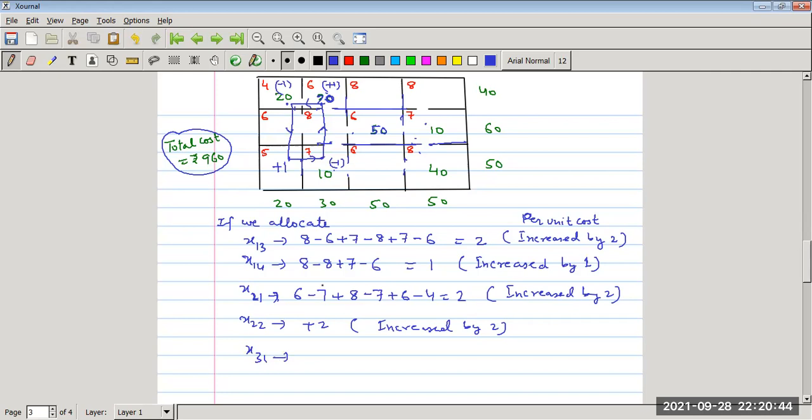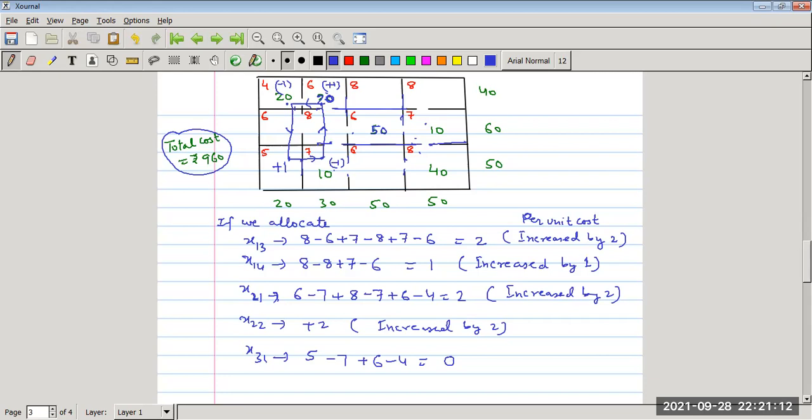x31 cost is 5 minus 7 plus 6 minus 4. Now, 6 plus 5, 11. 7 plus 4, it is 11. So we get 0. Now, if we allocate some item in this point, what we get? We get again the same cost, rupees 960. It means there is no change in the cost. So we get another option.